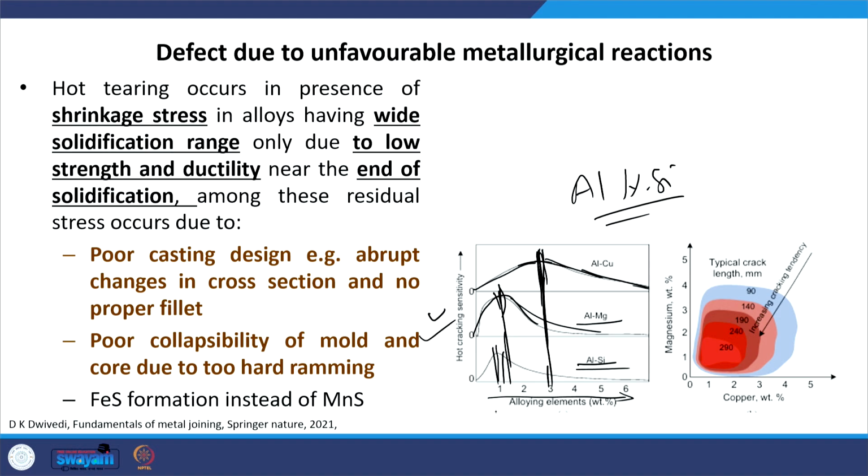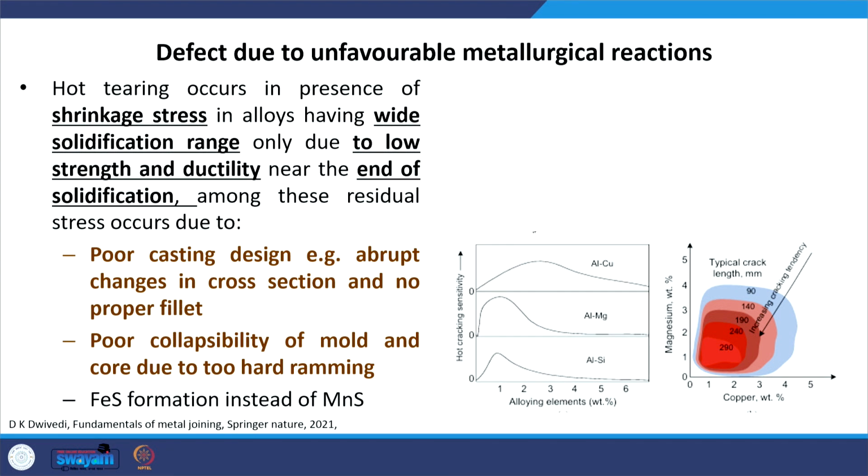Why? Because this shows the widest solidification temperature range, resulting in increased hot cracking tendency. So, what is the way out? If it is possible to adjust the composition of these alloys either towards the left or towards the right, then we will have a lesser solidification temperature range and reduced hot cracking tendency.